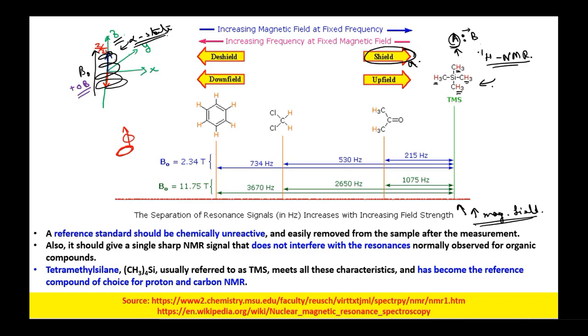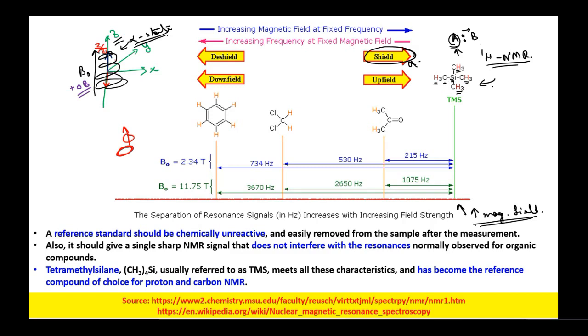If you see over here, carbon and silicon have nearly equal electronegativity, and hence the electron cloud between the carbon and the silicon is well distributed.